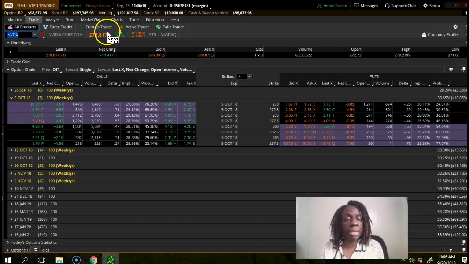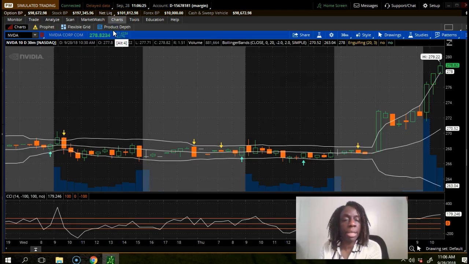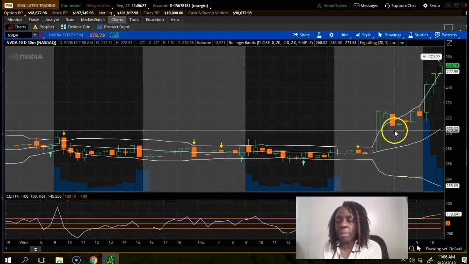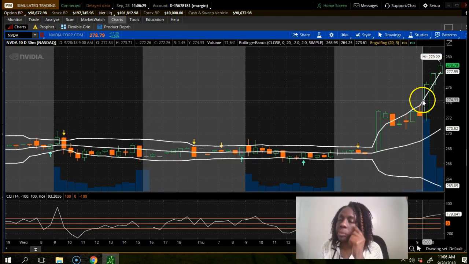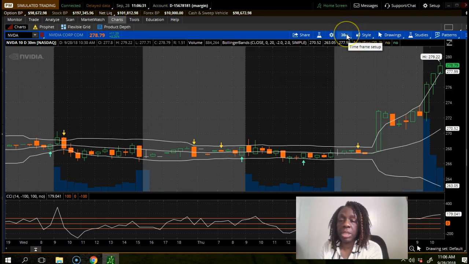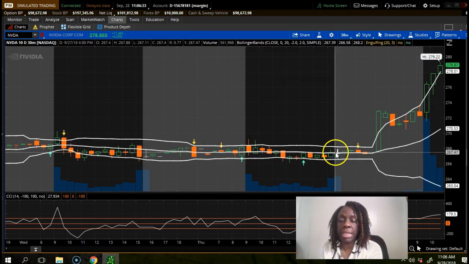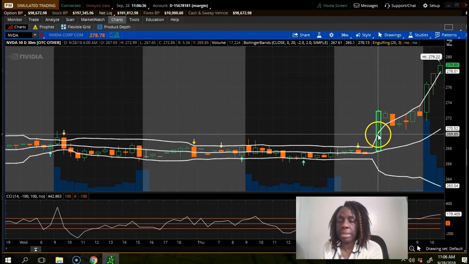Okay, so right now this stock is trading at $278 and change, and up on the top middle bar we have charts. We click on charts and we can see that we have some upward movement here. Now this is a 30-minute chart, and all that means is each one of these candlesticks represents 30 minutes.